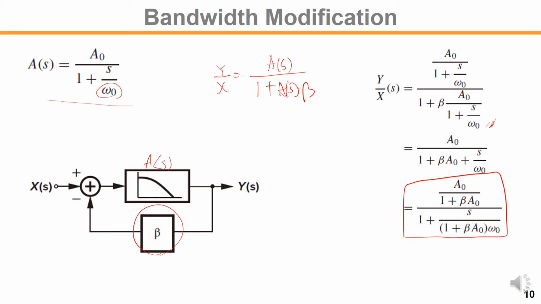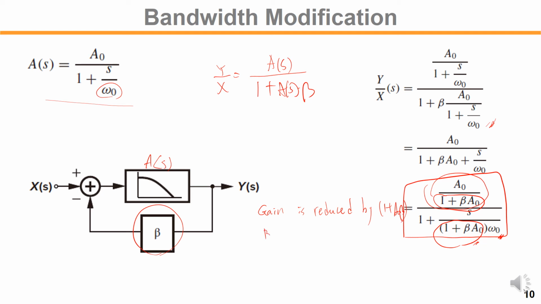As you can see, the passband gain is reduced by 1 plus A0 beta. And also the original bandwidth is expanded by 1 plus A0 beta. So the gain is reduced by 1 plus A0 beta.